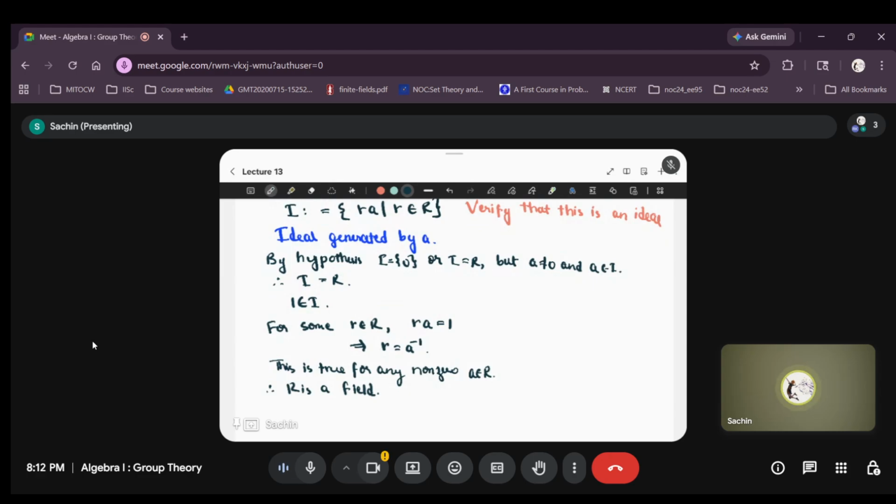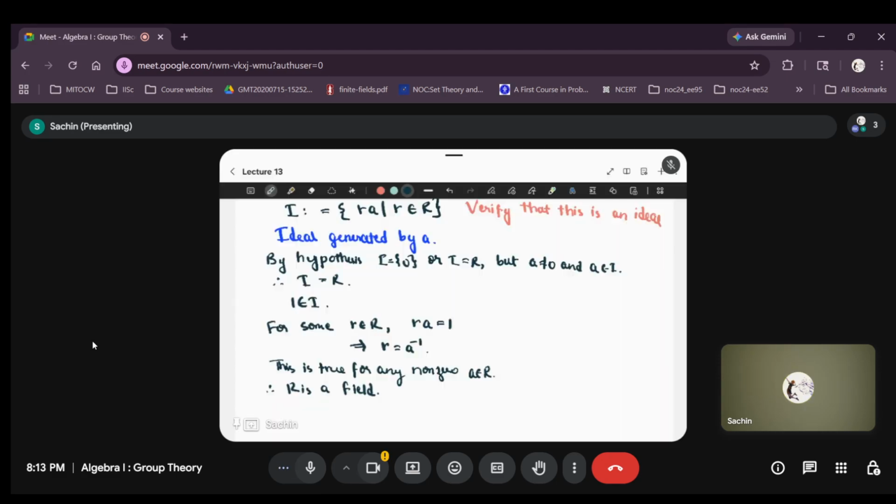The domain is a field now. So the kernel would either be the zero ideal or the entire field itself. But it can't be the entire field because by definition of a ring homomorphism, phi of 1 must be 1. So 1 can never be in the kernel. Kernel is the set of all elements that are mapped to 0.